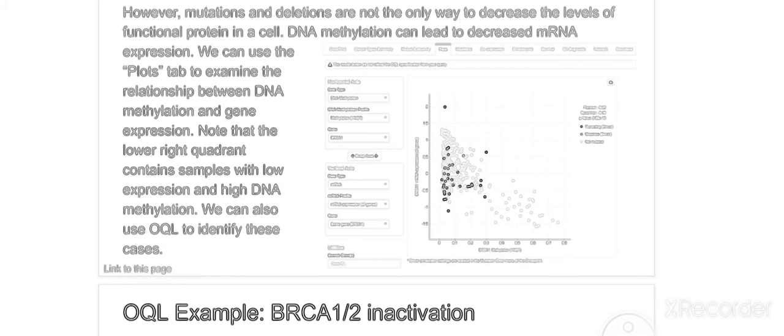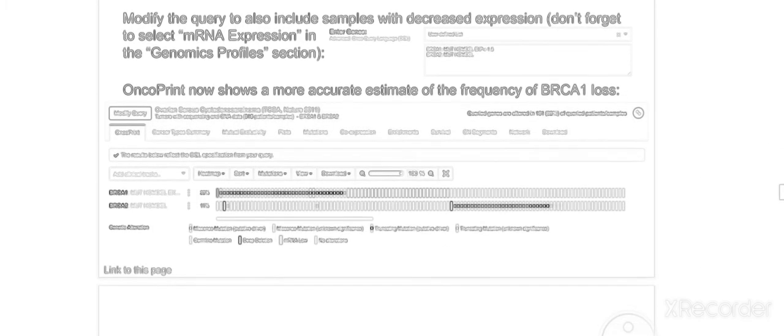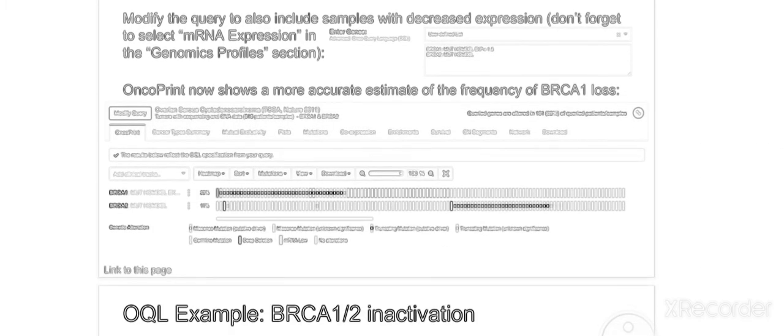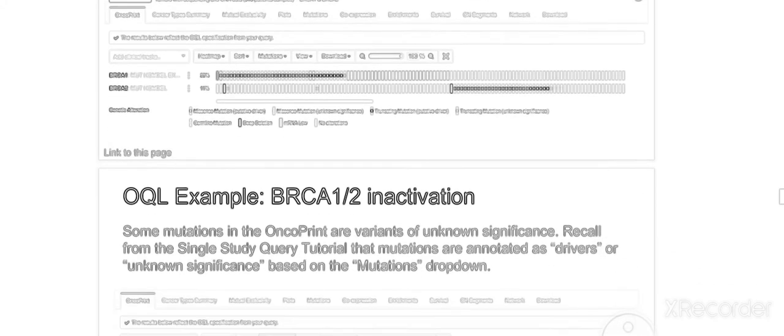We can also use Onco Query Language to identify these cases. Modify the query to also include samples with decreased expression. Don't forget to select mRNA expression in the Genomic Profile section. OncoPrint now shows a more accurate estimate of the frequency of BRCA1 loss.